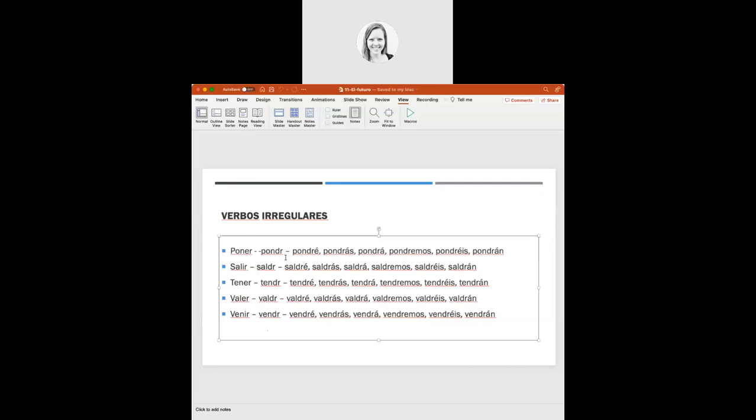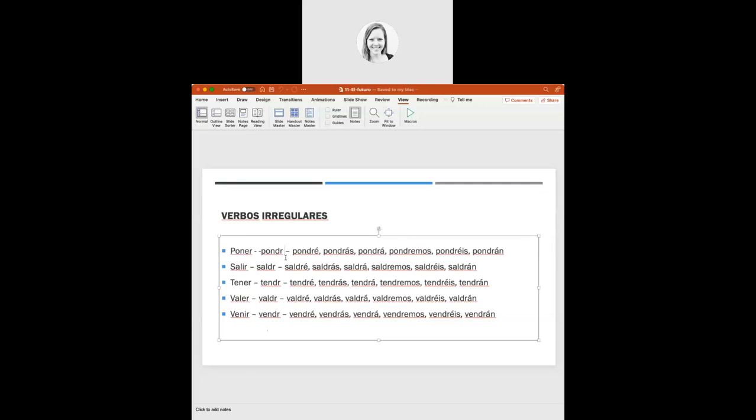Oh yeah, that's one of the DRs. I have to add a DR and then the ending in the future tense. So just simply going through these and saying them, just like I did, pondré, pondrás, pondrá, just a couple of times will immensely help you to memorize that those are irregular and to not write them as though they were the regular verbs. So don't forget that's a DR added there, and the other one was the added R in the other category.